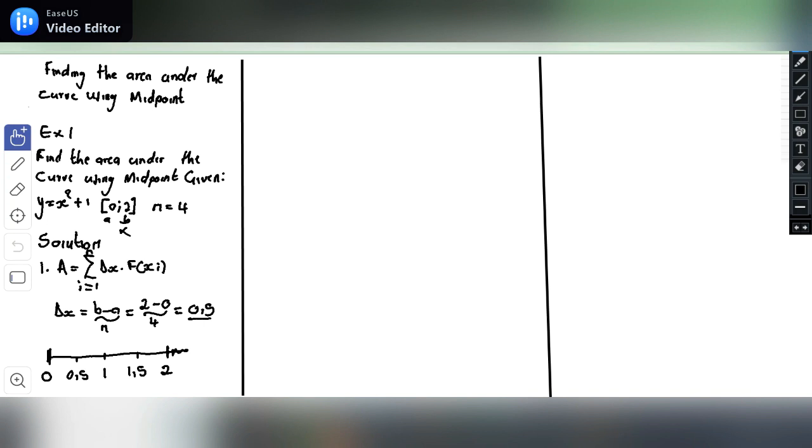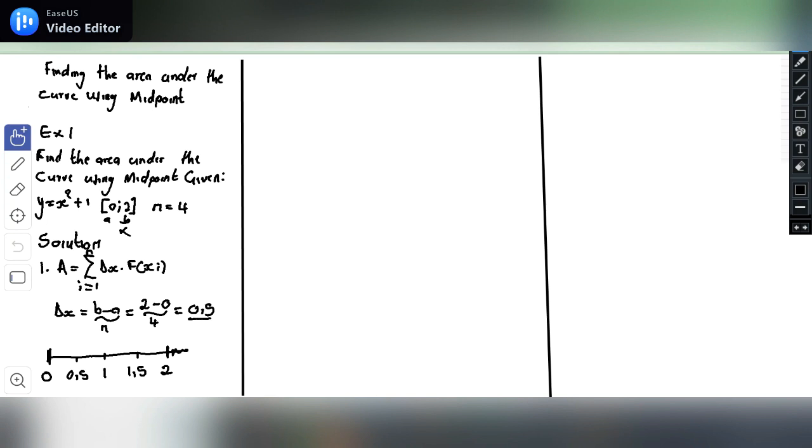Now we are going to choose the values, right? How do we choose the values? Remember, in the left hand points, we choose the values from left going to the right, and we leave the last value. For the right hand points, we choose from the right going to the left, and we leave the last value. So now what do we do with the midpoint?